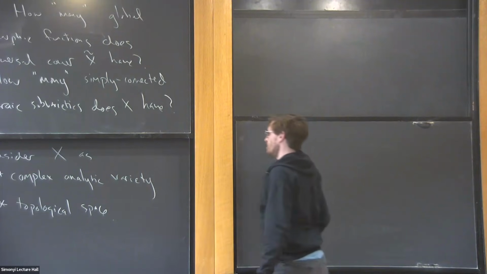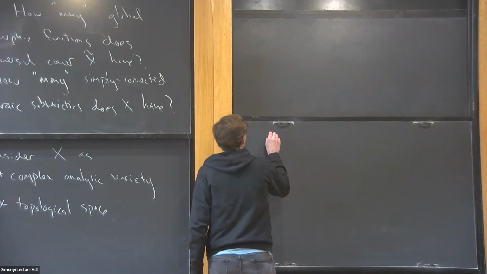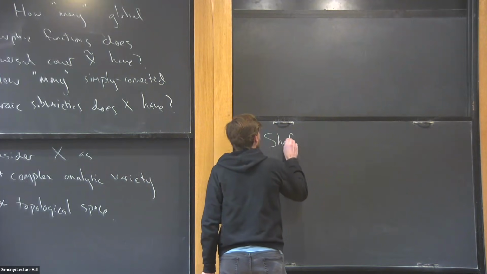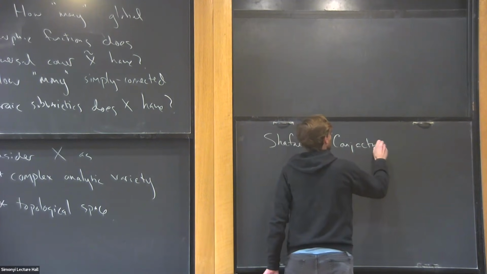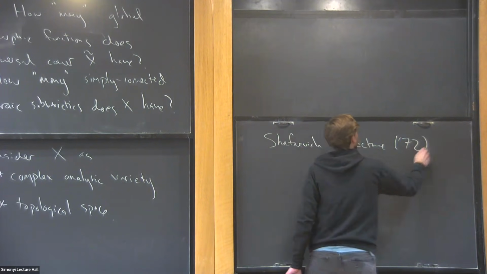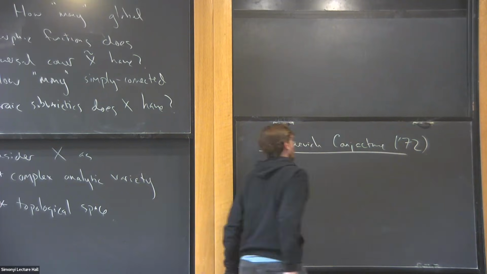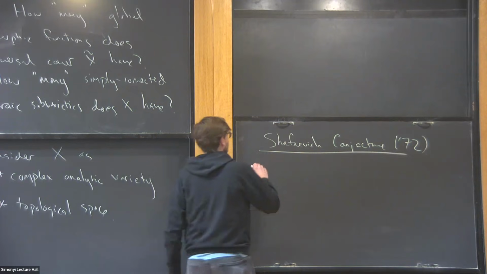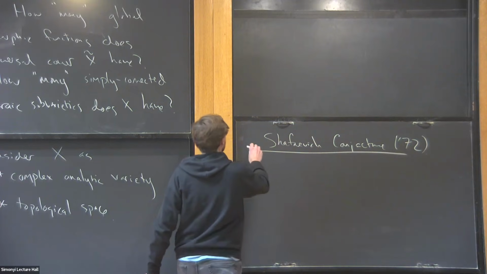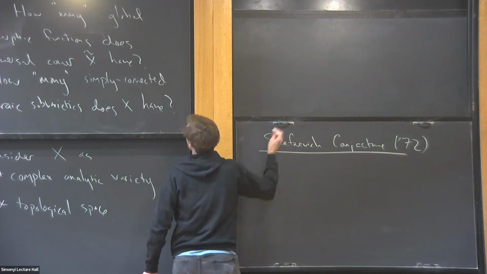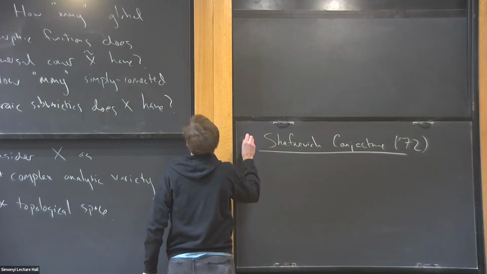So, based on this, and some higher dimensional examples that I'll get to in a second, Shafarevich, around 72, made the following conjecture. It's a far-reaching conjecture, but, I don't know what the right adjective is, it's regarding question 1.